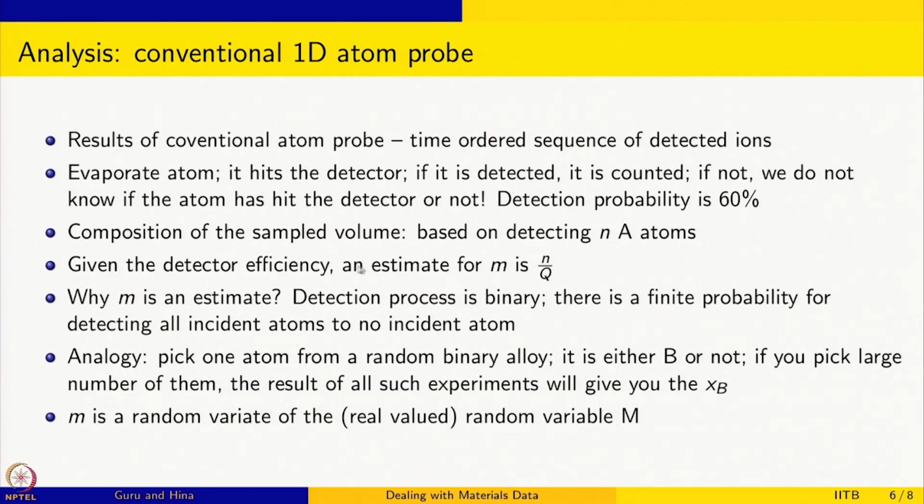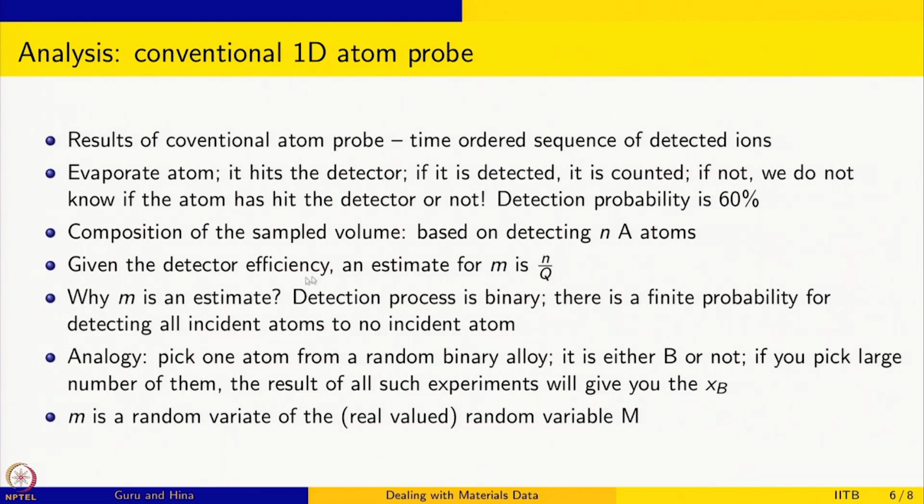So, the composition of the sampled volume is decided based on detecting n atoms, out of which I of them are of type A. Given the detector efficiency, an estimate for m is n by q, because n by m is q. So, m is nothing but n by q.